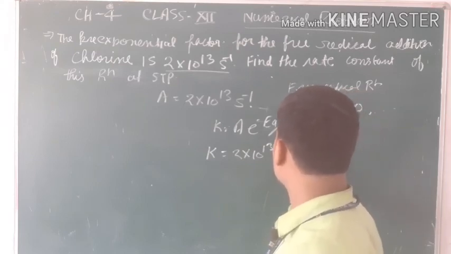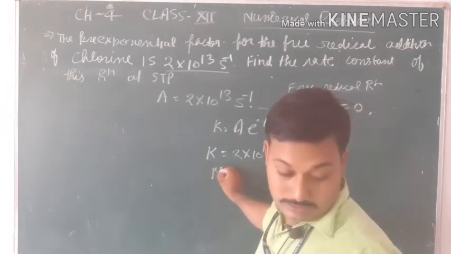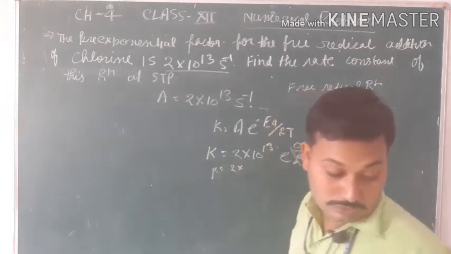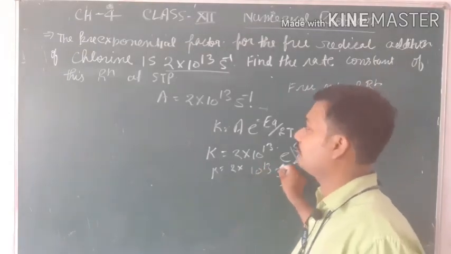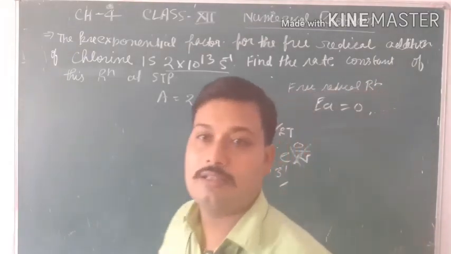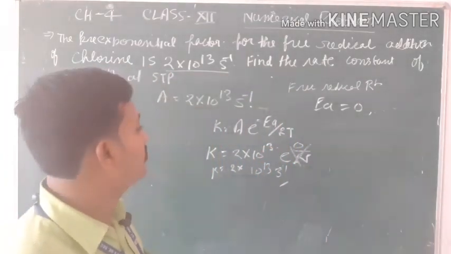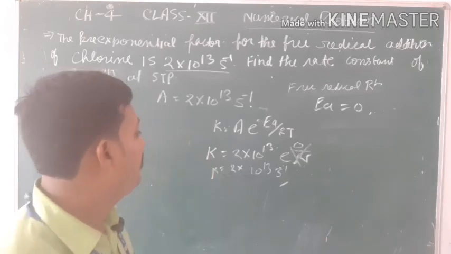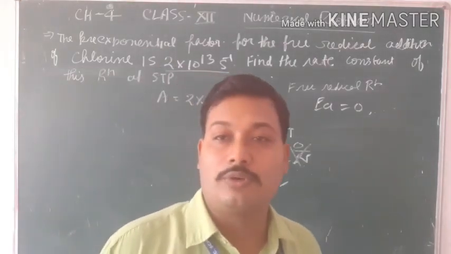So this factor cancels out. We will get k is equal to 2 into 10 to the power 13 second inverse. Okay, so this is another question regarding activation energy and the Arrhenius equation. k equals A e to the power minus Ea upon RT.